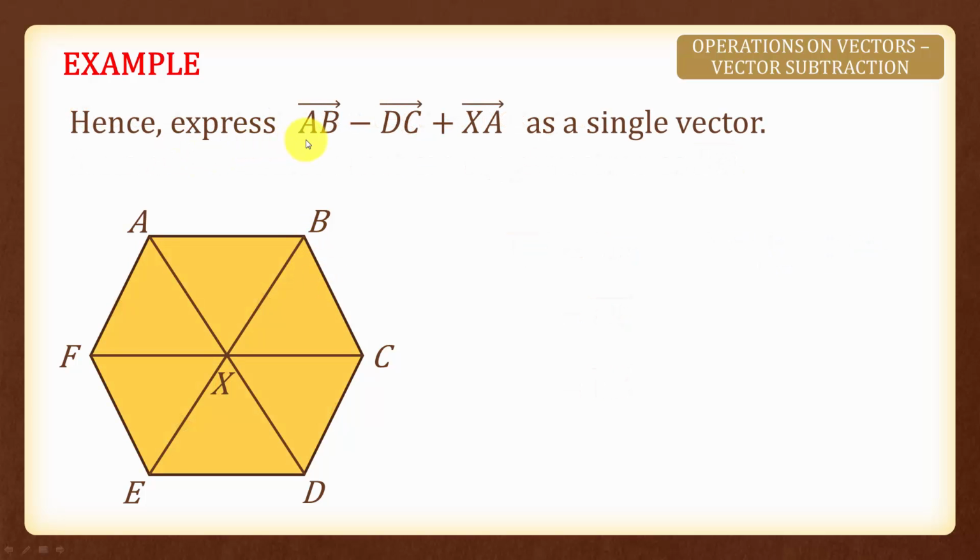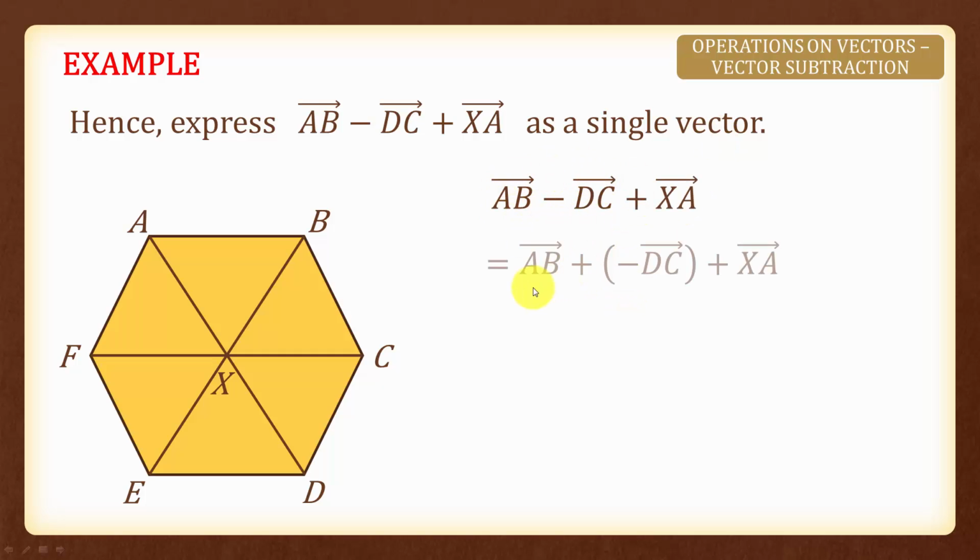Hence, we are asked to express vector AB minus vector DC plus vector XA as a single vector. We will change this subtraction of vector into addition of vectors. And we will have vector AB plus vector CD plus vector XA.